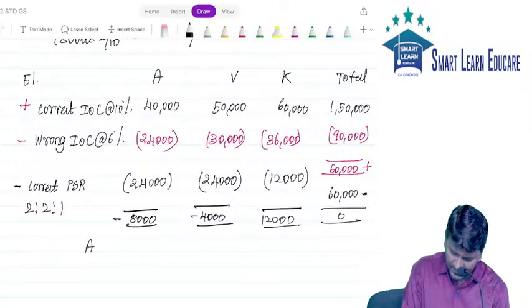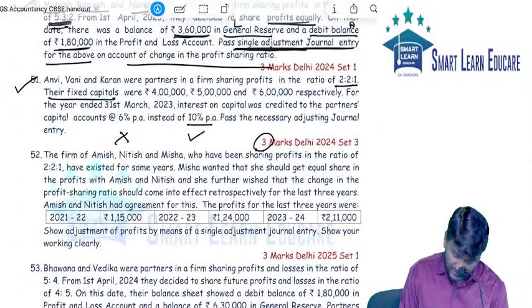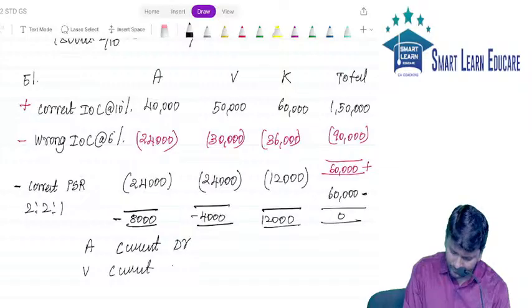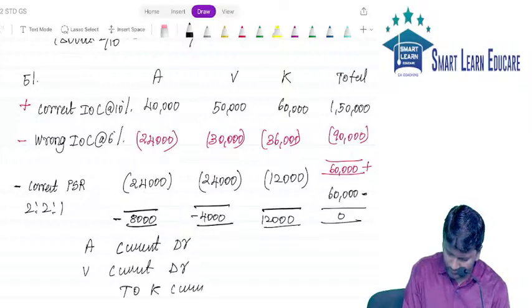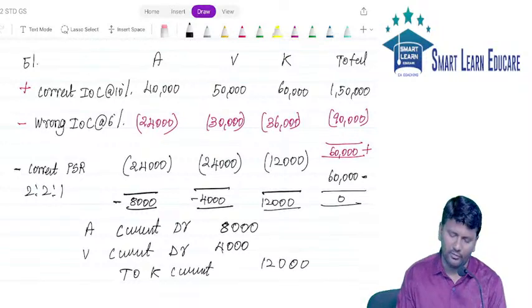The answer is: A's capital is fixed, so A current account debit 8,000, V current account debit 4,000, to K current account 12,000.